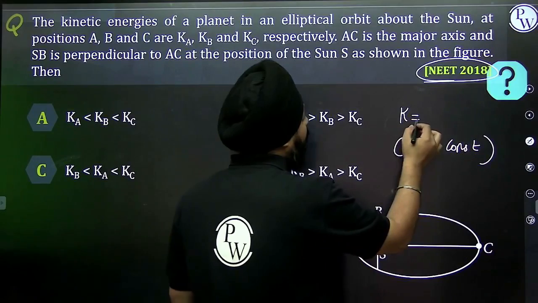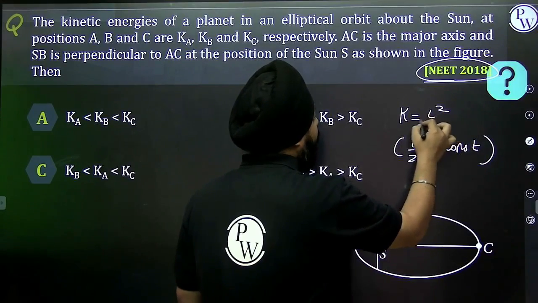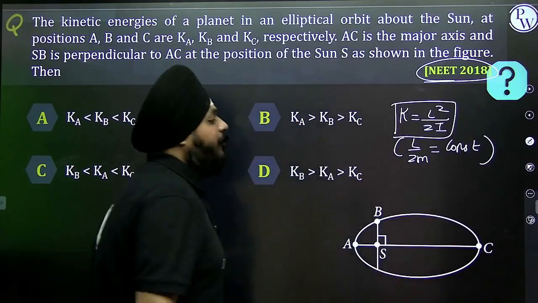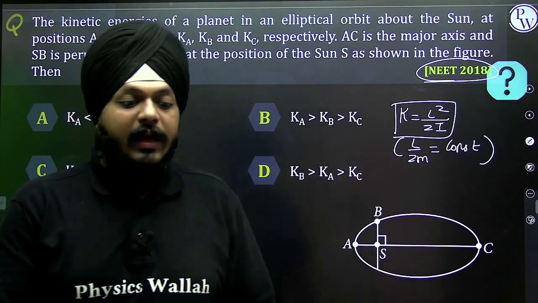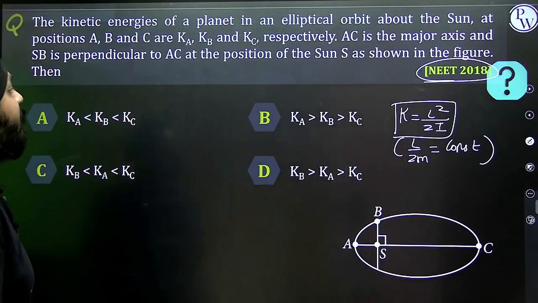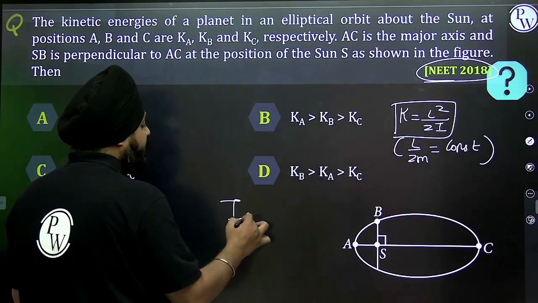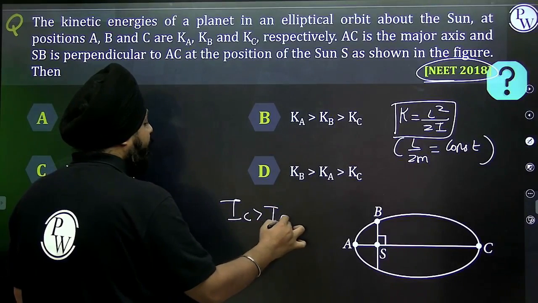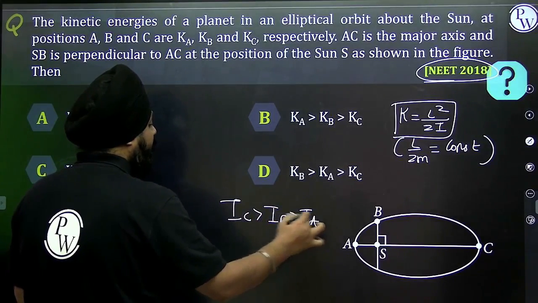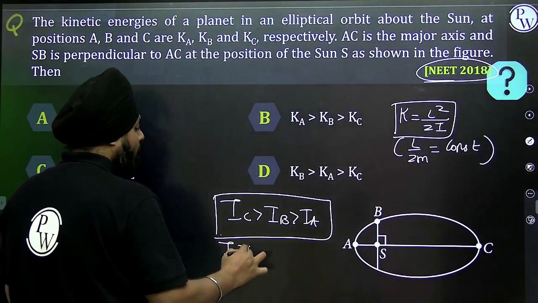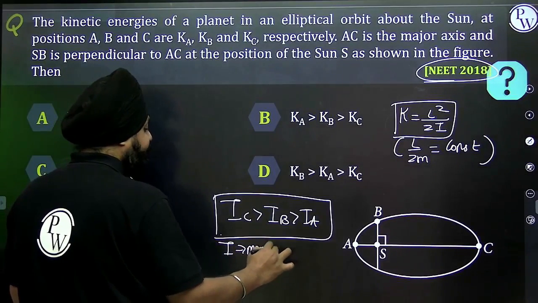So the kinetic energy is defined as L square by 2I, where L is the angular momentum of the system and I is the moment of inertia. Can I say IC is greater than IB is greater than IA, where I is the moment of inertia?